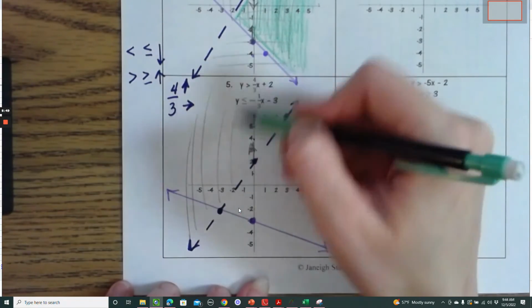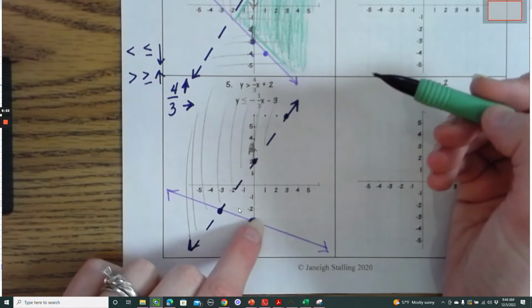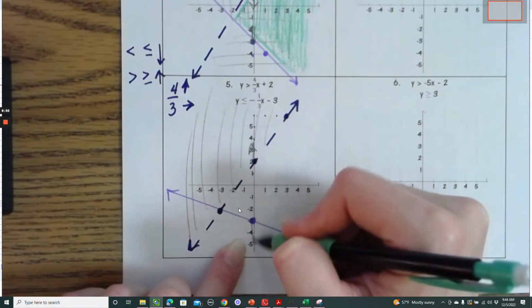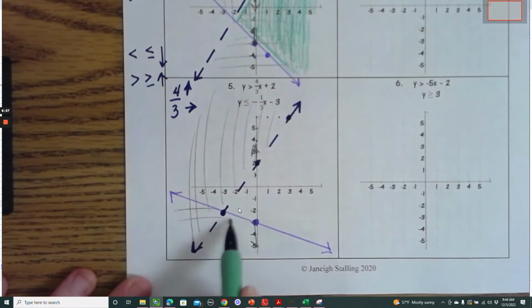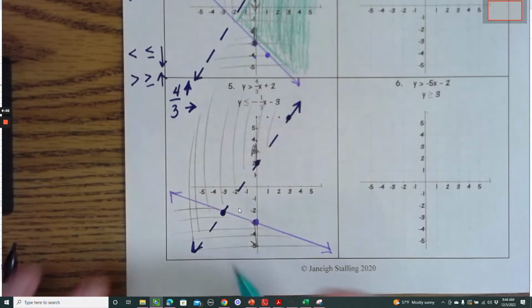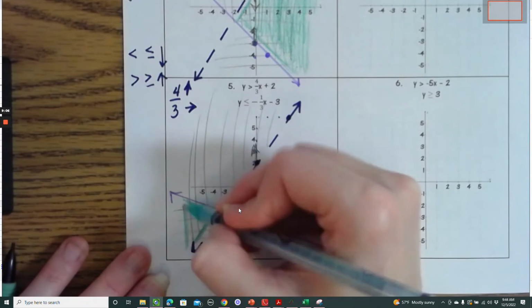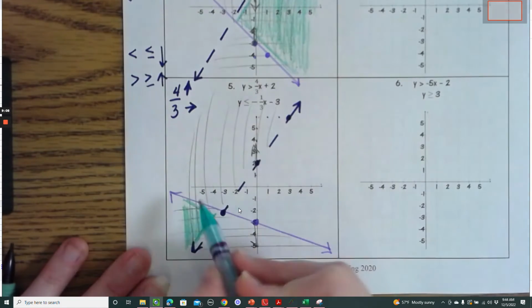So all of this. My purple line, y is less than. So from the y-intercept down. So the overlap is just that tiny little piece right in here.